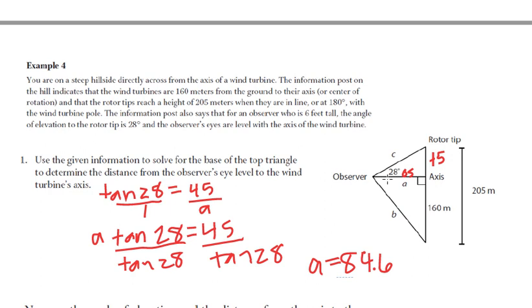All right, so now we're looking for the value of B here. Well, when we go to find the value of B, we are going to have to use the Pythagorean theorem, because in order to find this using trig, we would have to know the value of that angle, and we don't know the value of that angle right now.